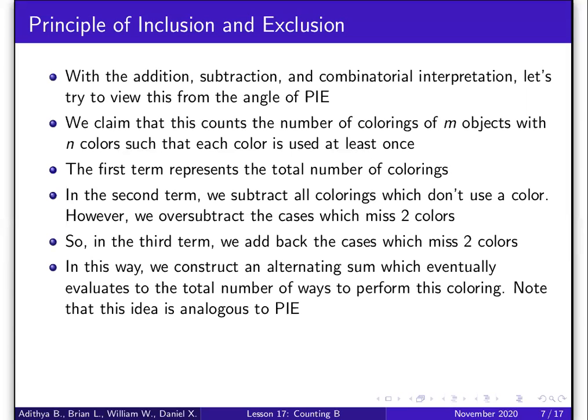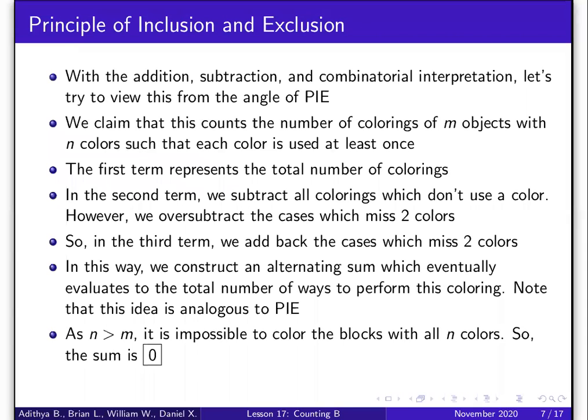But how many ways are there to do this? We know that n is more than m. So we want to color m objects with n colors such that each color gets used. But this can't be possible. We have too many colors and not enough objects. So when you evaluate the sum, it ends up being 0 for these m.